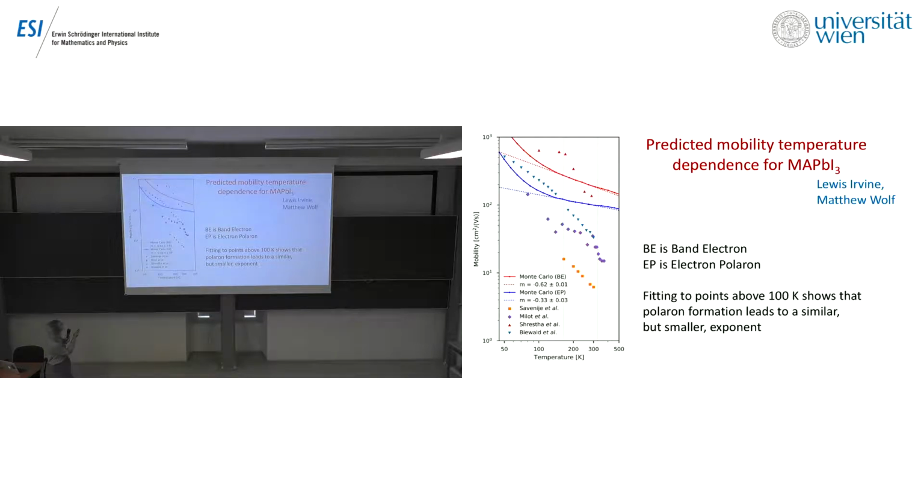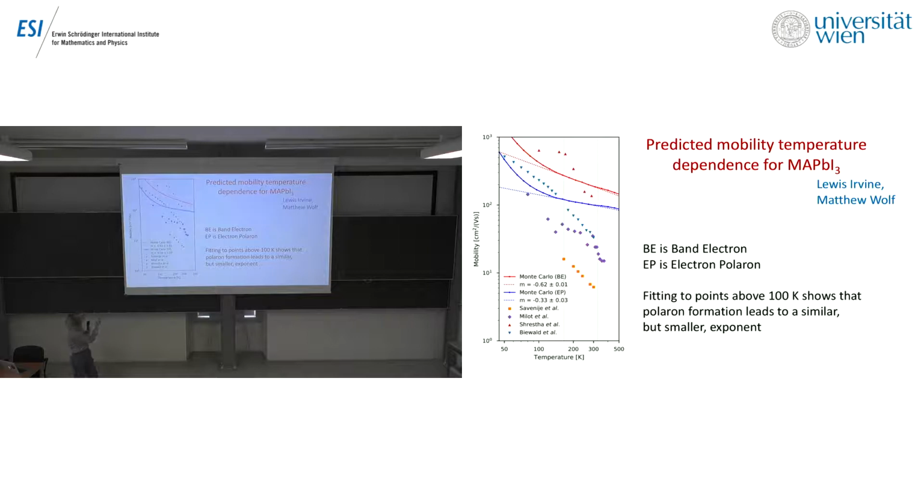But anyway, the point is that the mobility variation with temperature is very similar for the polarons, which is the formalism that Matt did. He showed how the carrier scattering rates differ between polarons and free electrons.